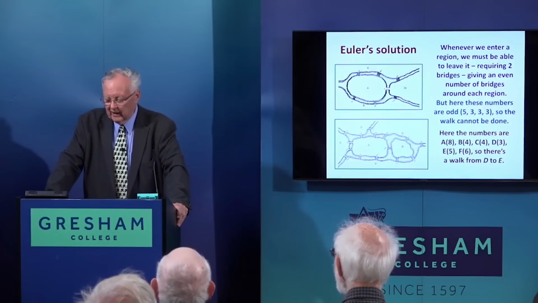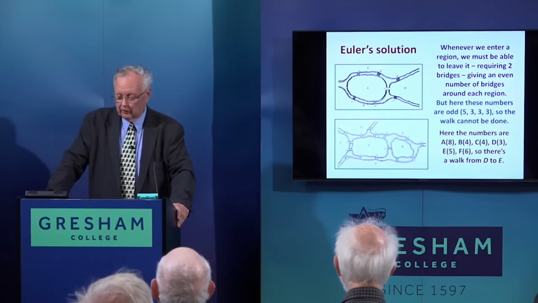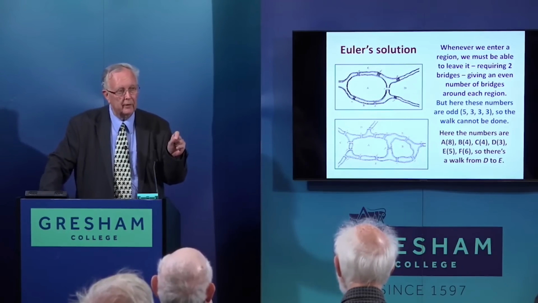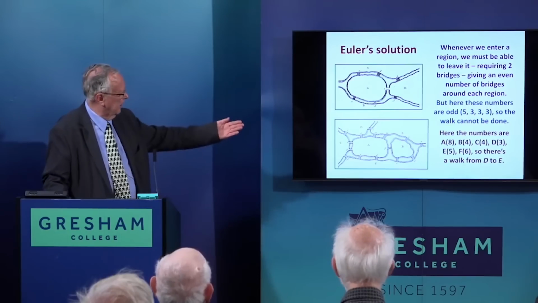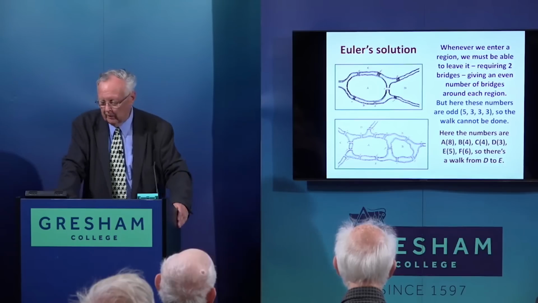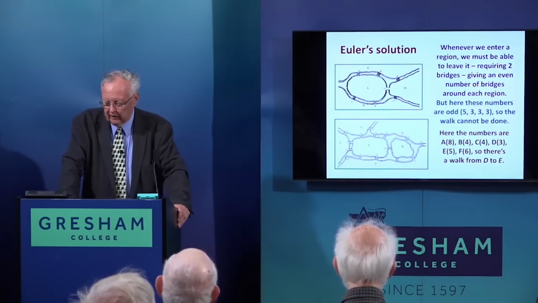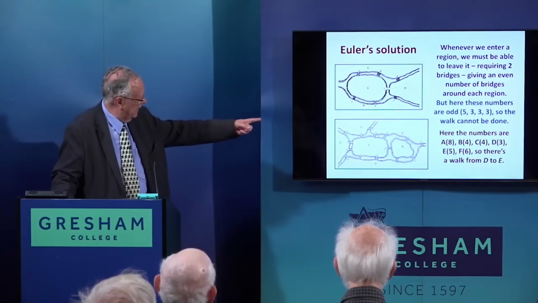But actually, if exactly 2 of the numbers had turned out to be odd, then we can still solve the problem as long as we start in one of the odd regions and end in the other. And Euler illustrated this in this example below. This also appears in his paper of 1736. He illustrated this, and here the number of bridges around the areas are, for A, you've got 8.